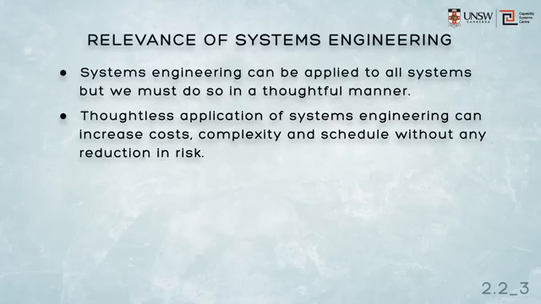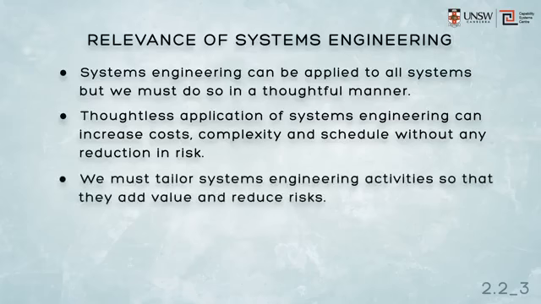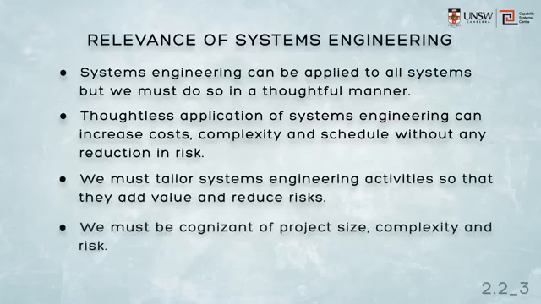So clearly, different levels of systems engineering are applied to each of these types of project, and the issues and the activities that we consider must be tailored for each individual project. It's critical, therefore, that we understand the merits of systems engineering and apply them in a tailored manner, cognizant of the relative size, complexity and risks associated with each system development. We'll return later and talk more about tailoring in systems engineering.